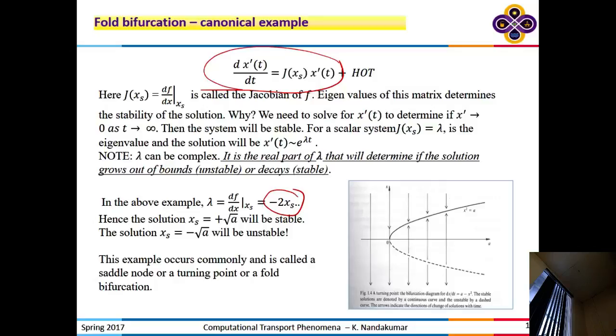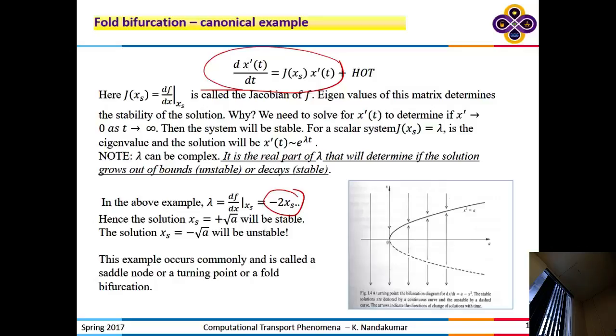And a is given as a positive number. So I'm interested only in a from 0 to infinity, the parameter, right? So when xs is minus this, minus of minus will be plus, and it is unstable.